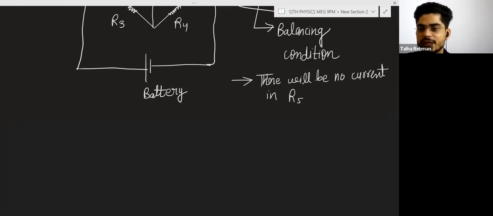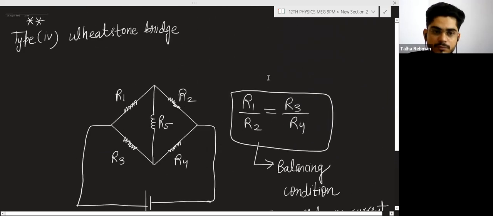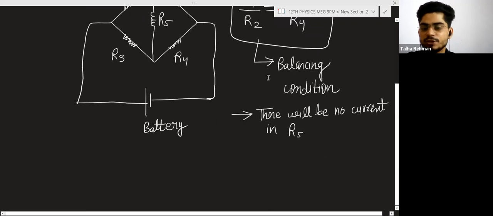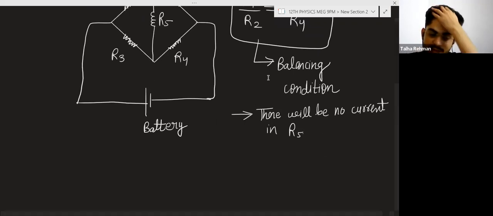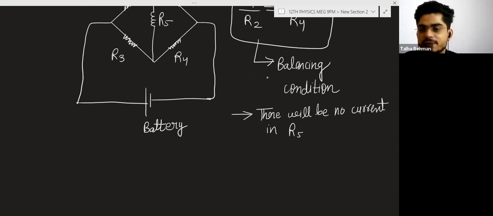In the short circuit, type 3, I have told you that if no current is passing through a resistance, it will behave like a single wire. So we can remove the resistance from there.